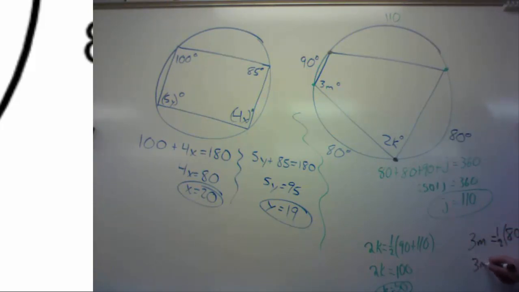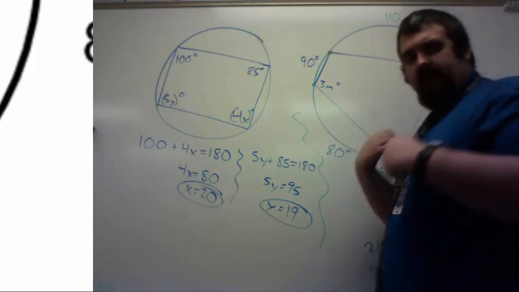So 3m equals half of 190, 3m equals 95, and m here equals 31.6 repeating. Can't believe I made a decimal there, but that's what I got. And there you go. That's what you would have to do here to find these measures.